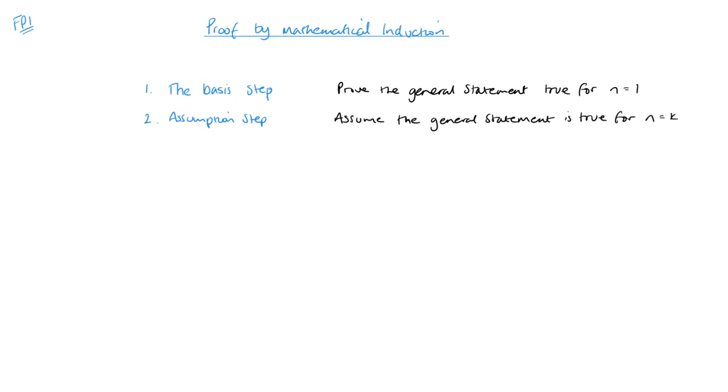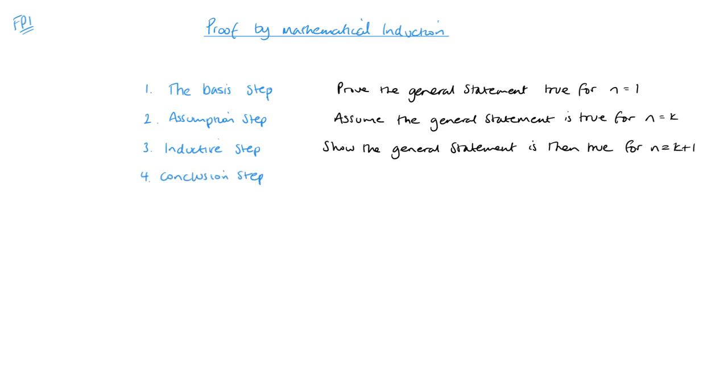Step 3 is the inductive step. This is where we show the general statement is true for n equals k plus 1. And then finally the conclusion step. This is where the general statement is then true for all positive integers n.